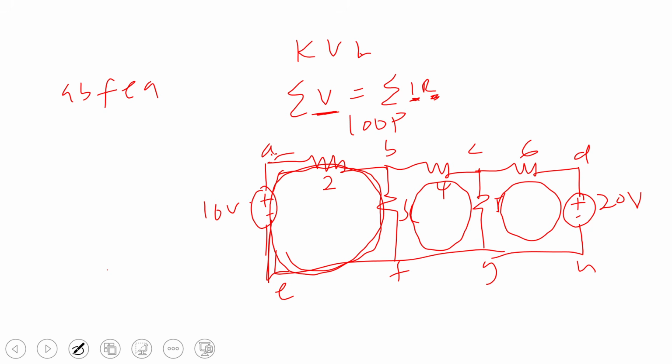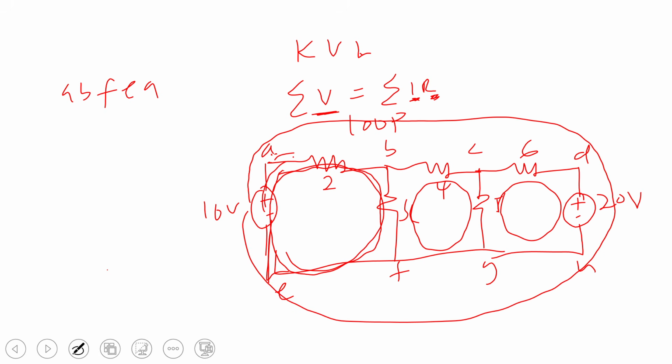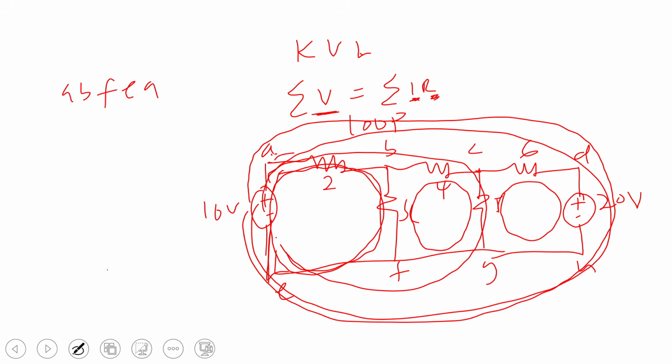This big one is also a loop. From here through to here is also a loop. We can also say from here through to here is a loop. So a loop is just a closed path.